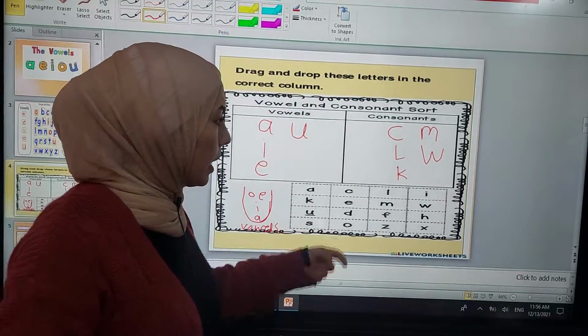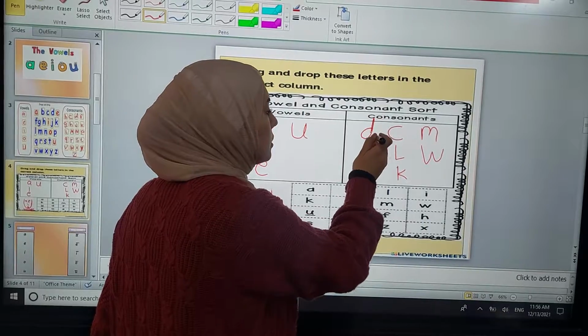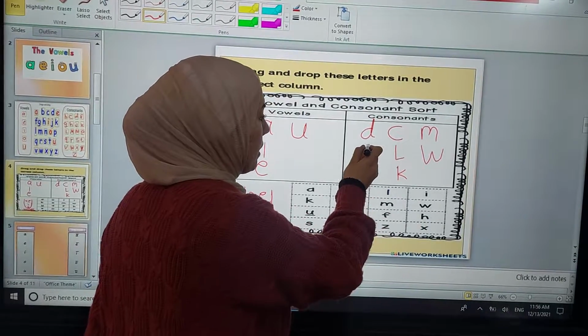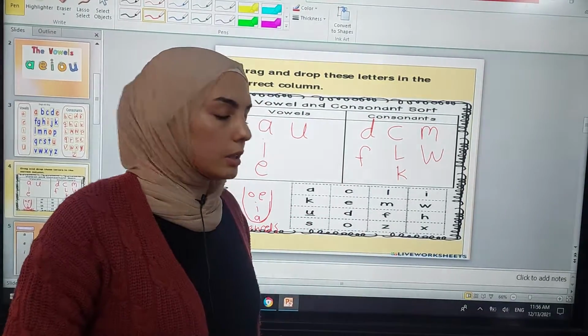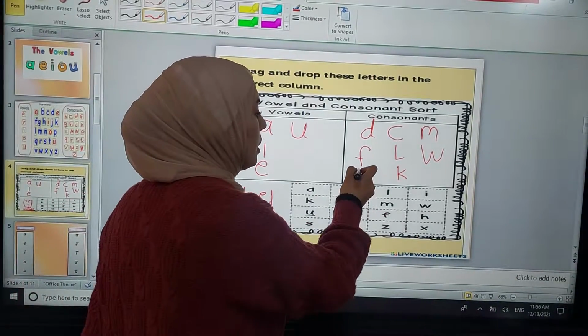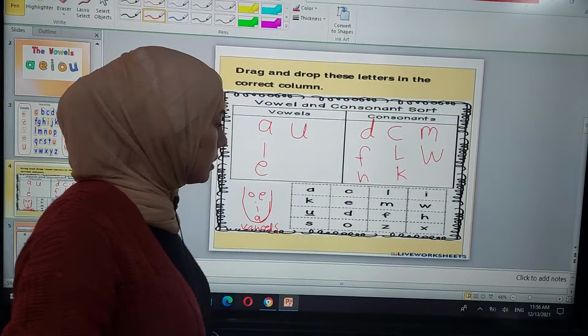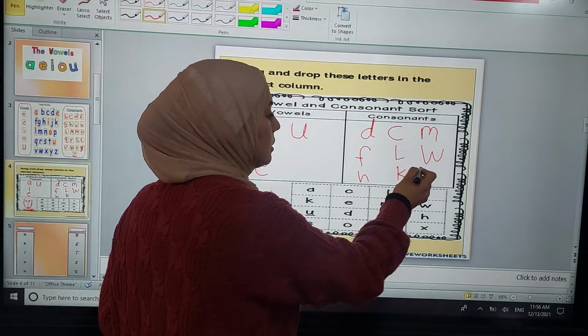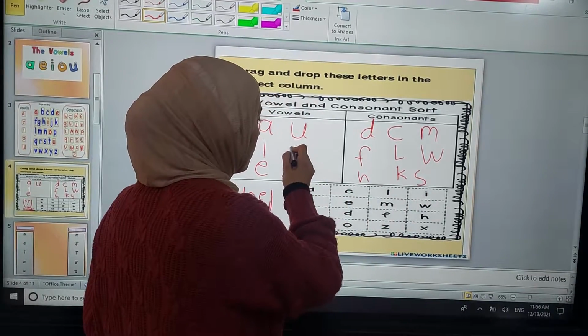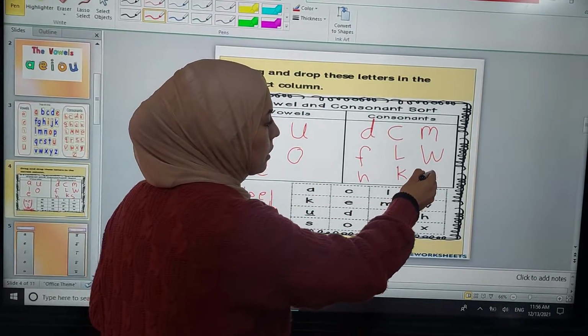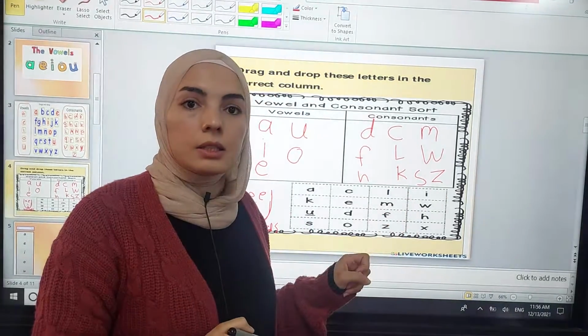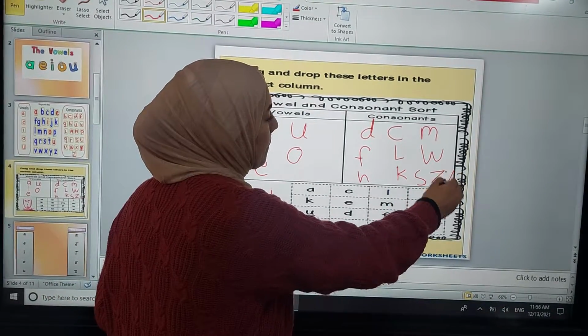So here after U we have D. D is a consonant. And after D we have F. F, consonant. After F we have letter H. H is a consonant. And S is a consonant. Yeah, good job. O, vowel. Z, consonant. X, consonant. Good job.